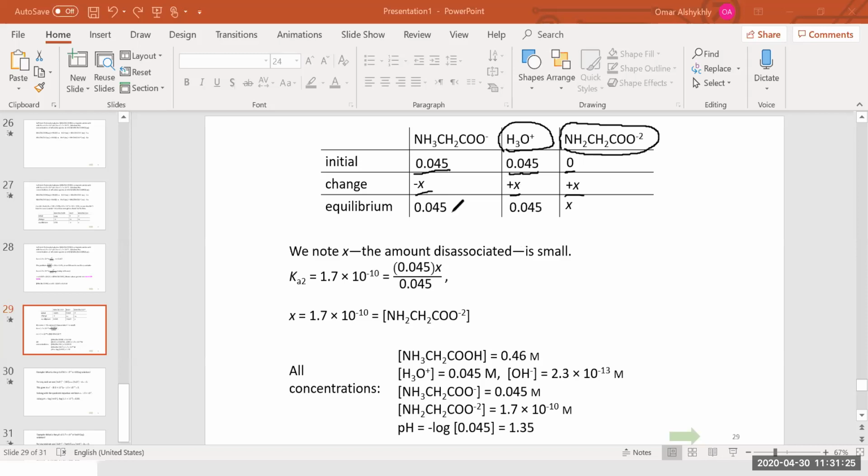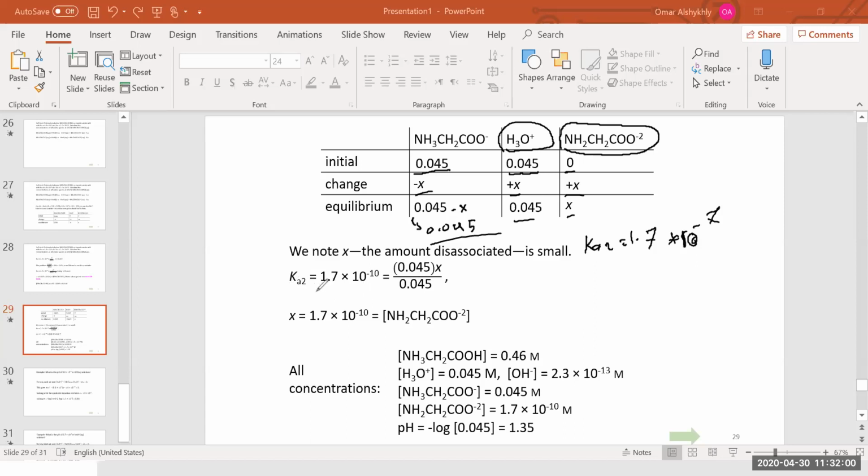Here also minus x, and we will assume it is 0.045. We know x, the amount of dissociation, is small, since Ka2 is very small, 1.7 times 10 to negative 10. So we will do our approximation. Hopefully it's working.